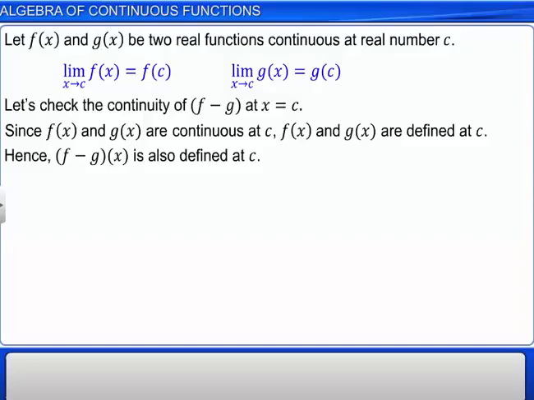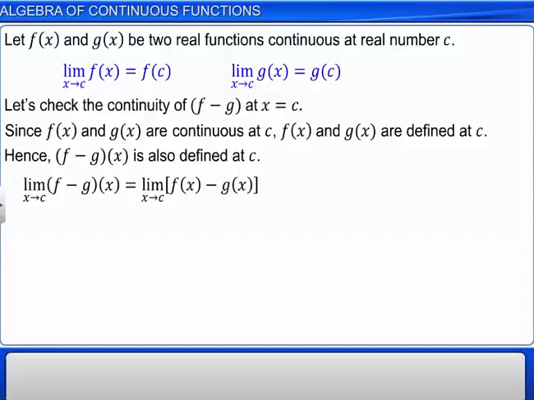So the limit of f minus g of x as x approaches c can be found. Therefore, f minus g of x can be written as f of x minus g of x.